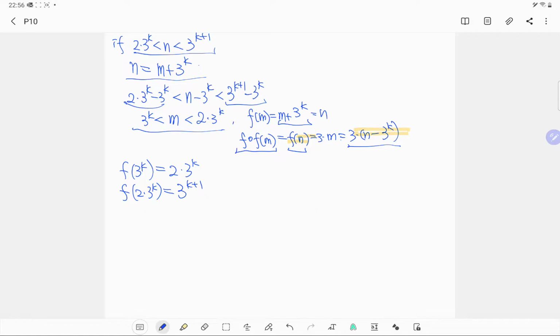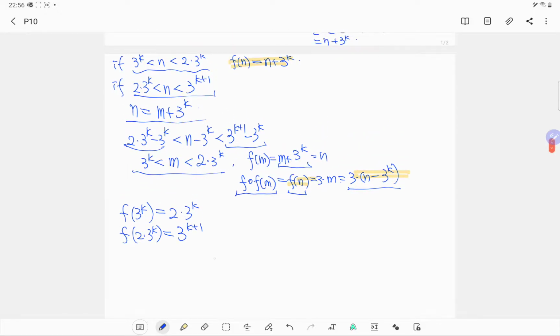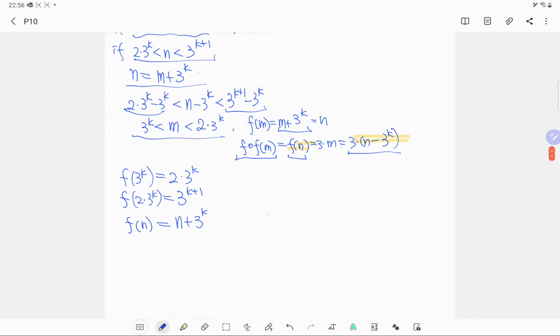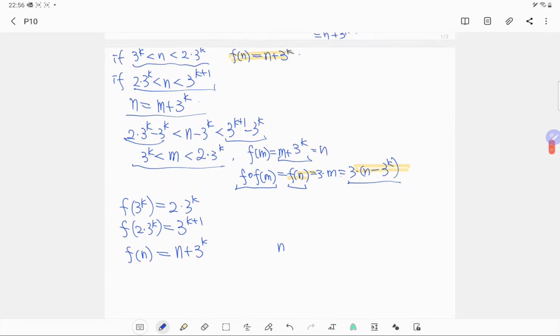Also, if n is, let me see, we have f of n should be n plus 3 to the kth power if n is larger than 3 to the kth power and is smaller than 2 times 3 to the kth power.